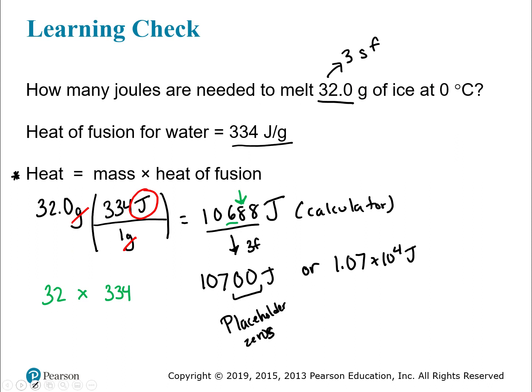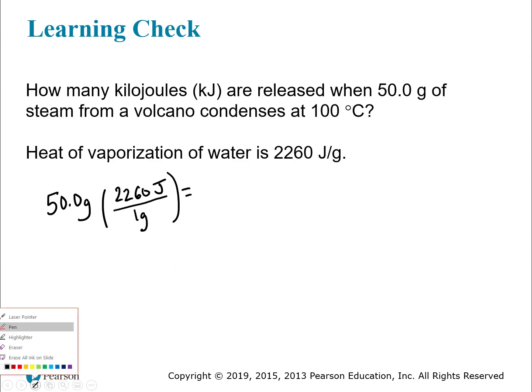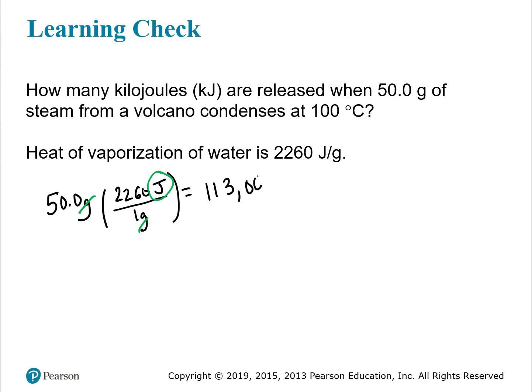Sorry about that. We've got grams in the numerator, grams in the denominator, left with joules. You multiply everything out. You get a lot of joules.